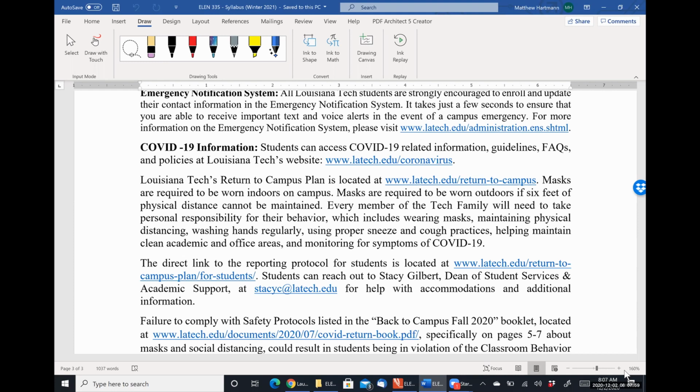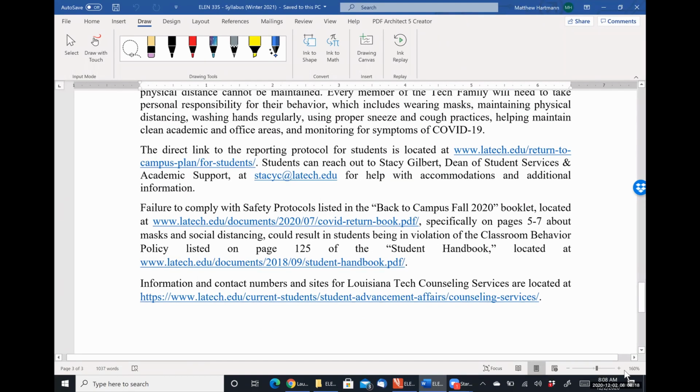She will get in contact and place you with the SRT. I think that's the strategic response team. We'll work with getting you back on campus in a safe way and all that kind of jazz. And we'll work with all your professors to make sure your accommodations are met. All right, any questions regarding the syllabus? Hopefully fairly boilerplate stuff.